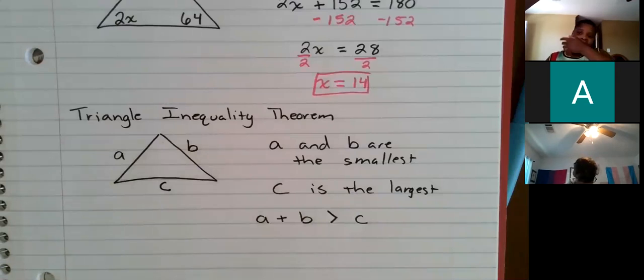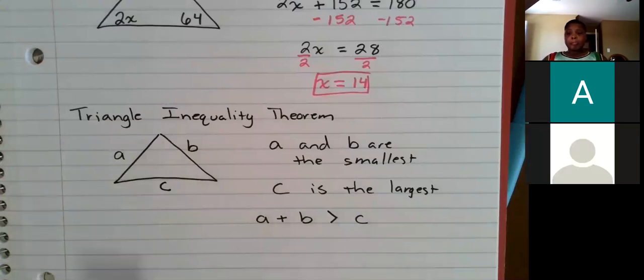But if I had them, remember I was showing you guys that when I had measurements that were equal to the longest side, it could not form a triangle. When I had measurements that were smaller than the longest side, it couldn't connect to form a triangle. It's too short. So the smallest sides combined together had to create a measurement that was longer than the largest side.